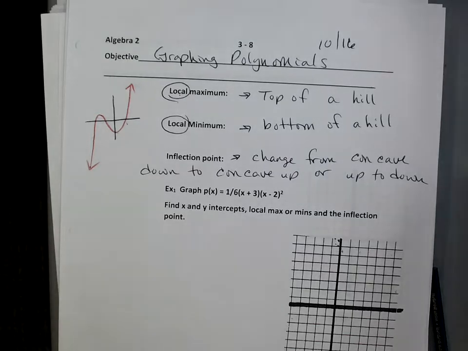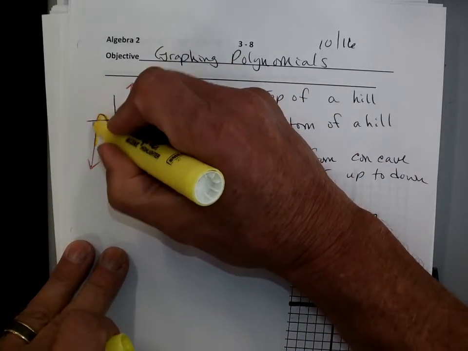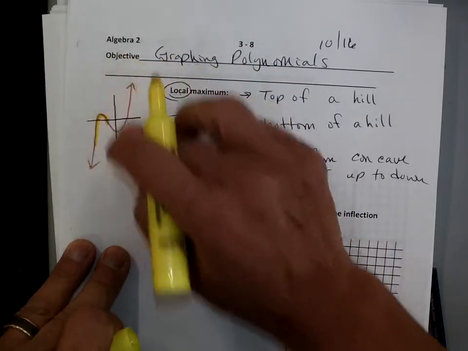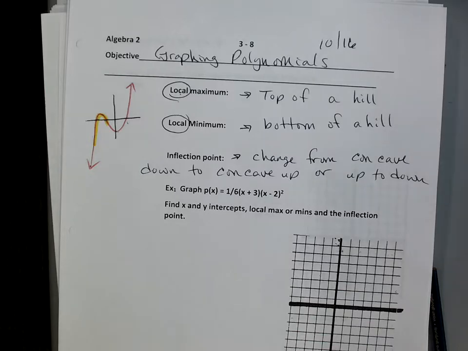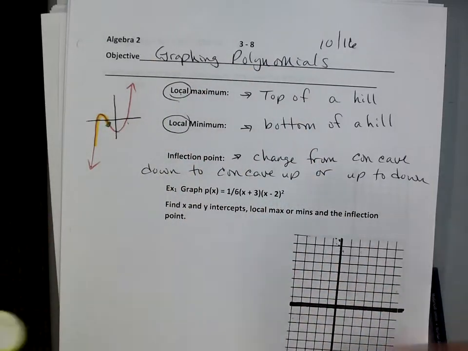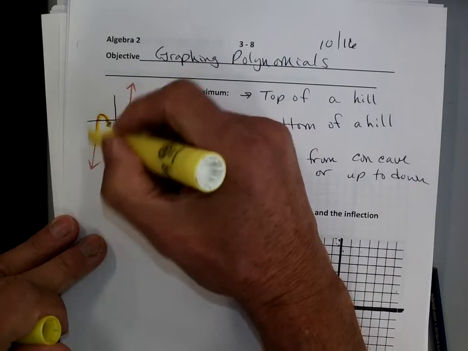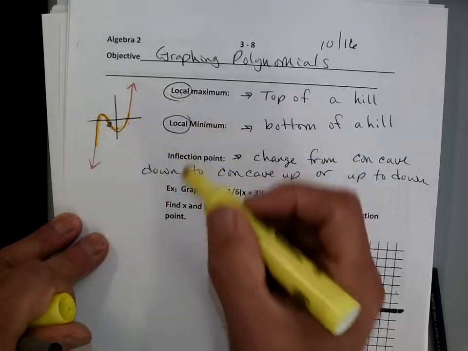So, watch. Here is what we call concave down. Concave is like a curve down, okay? And then right about here, right about there, it changes. Okay, cupping down, and then all of a sudden it changes to cupping up. So I say it's like a roller coaster ride, okay?